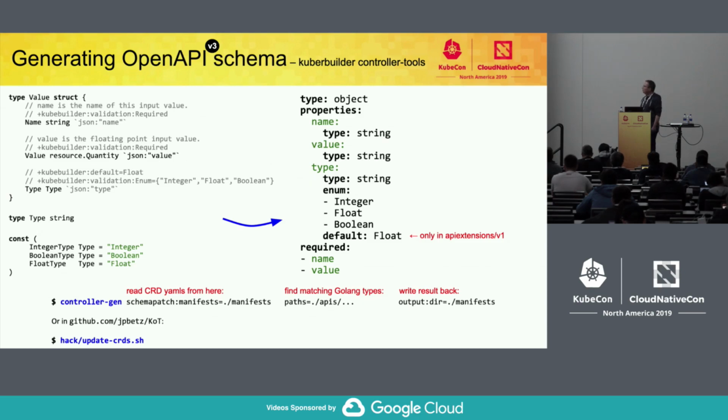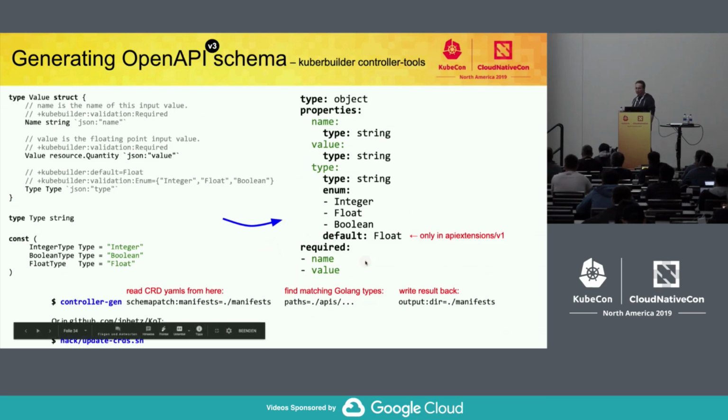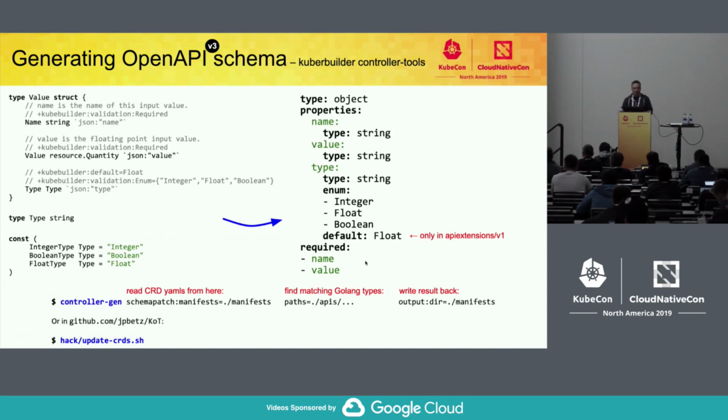It's pretty important to define what is required and what is optional. So OpenAPI has this required keyword where you just list the fields of an object which are required. And you can also specify that with markers, which is here. Here's one, the name is required, and the value is required as well. Type is not. Keep in mind, if you require something, it's also required on the client side.